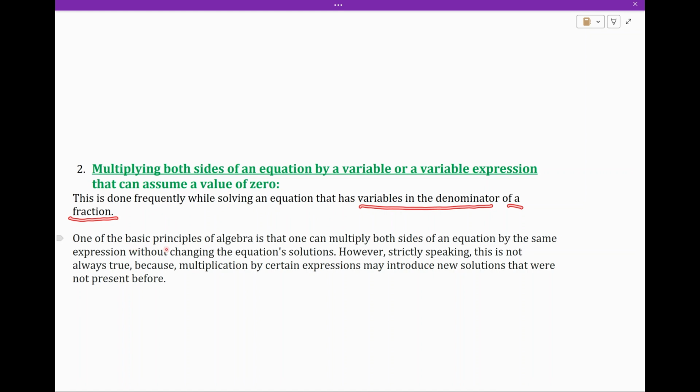One of the basic principles of algebra is that one can multiply both sides of an equation by the same expression without changing the equation's solution. However, strictly speaking, this is not always true, because multiplication by certain expressions may introduce new solutions that were not present before.